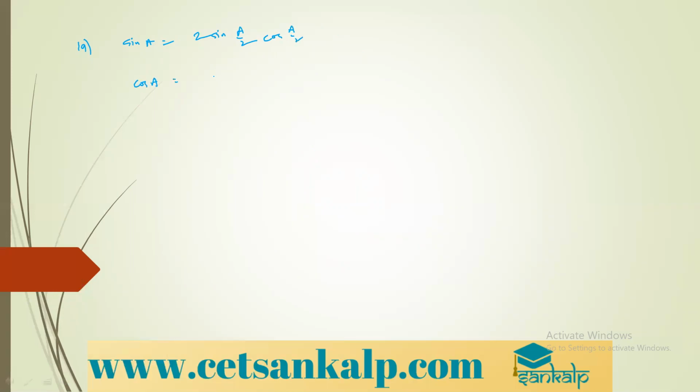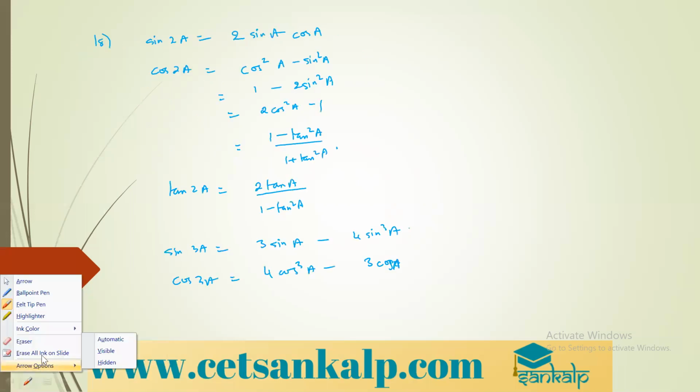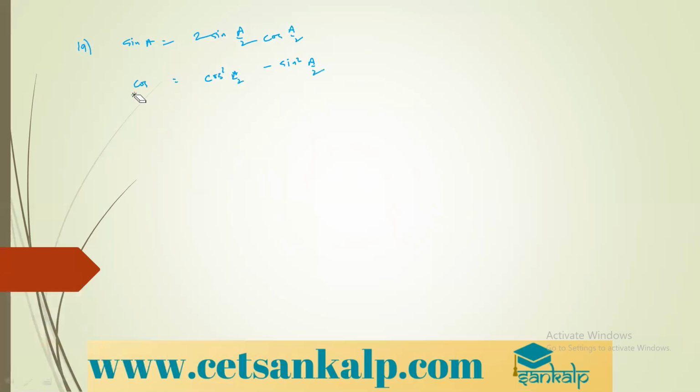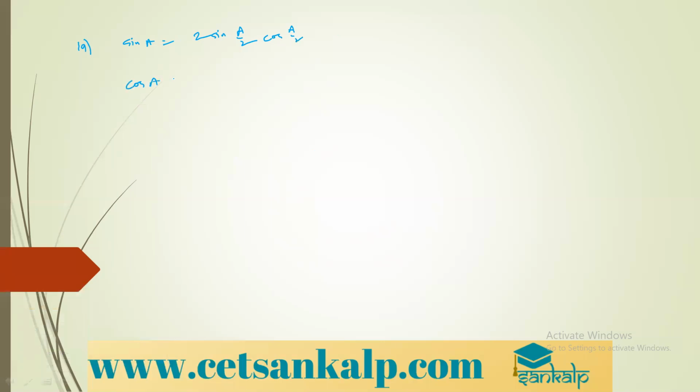Then cos A is cos square A by 2 minus sine square A by 2, or it is 2 cos square A by 2 minus 1, or 1 minus 2 sine square A by 2. Any one of these three formulas.